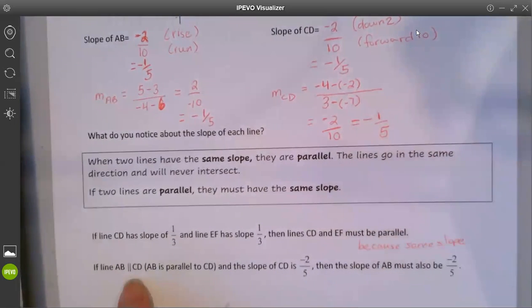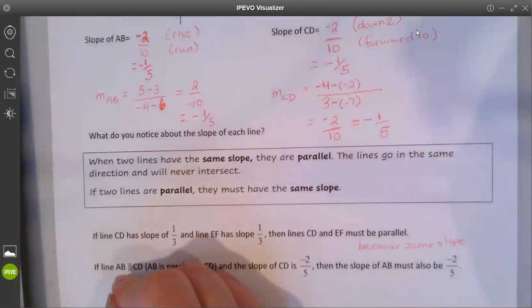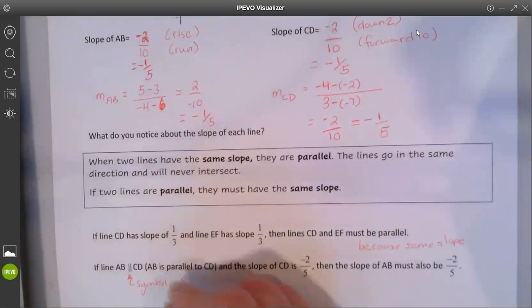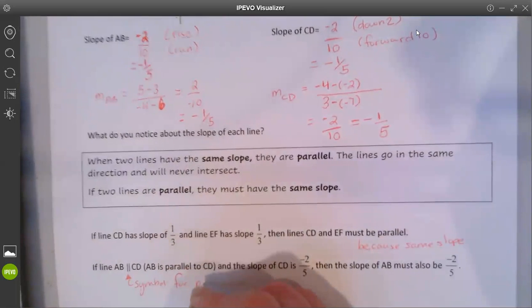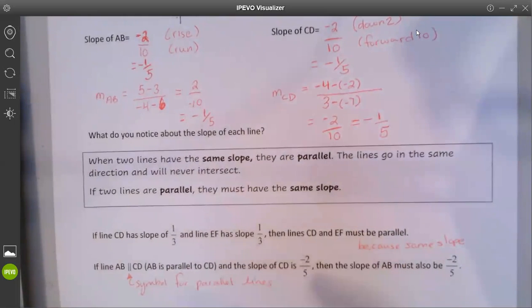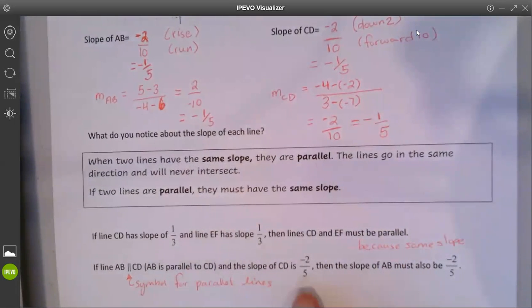And if we're told that two lines are parallel, this is the symbol for parallel, then we know they must have the same slope. So if I tell you that line segment CD has a slope of negative 2 over 5 and AB is parallel to CD, then it too must also have a slope of negative 2 over 5.